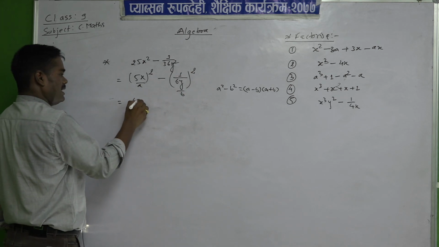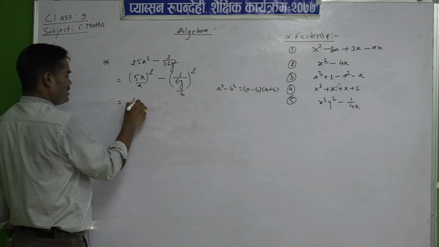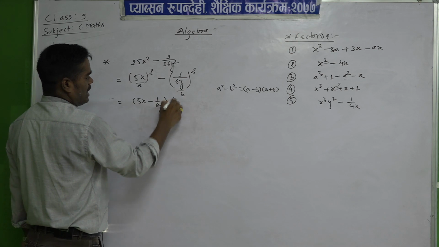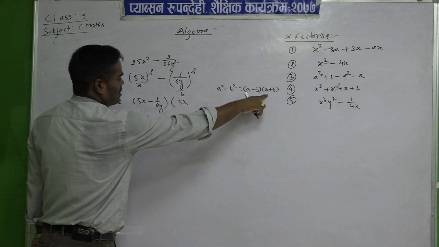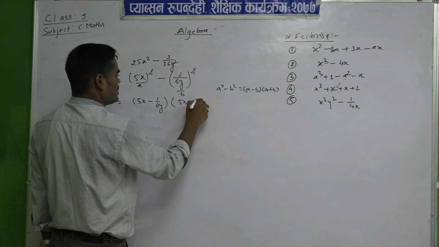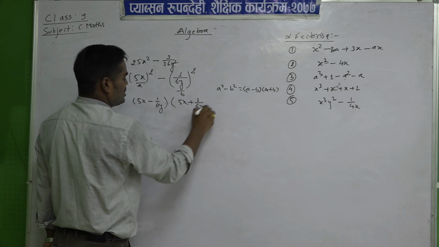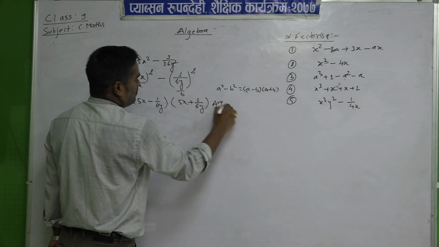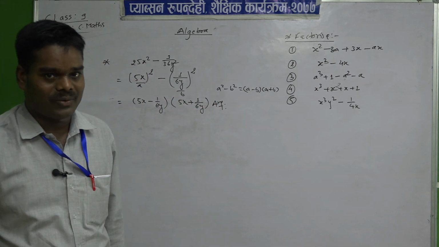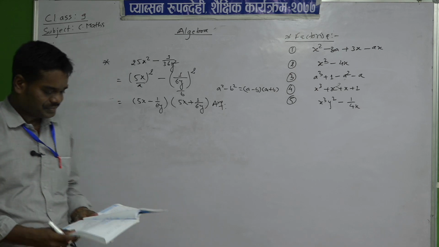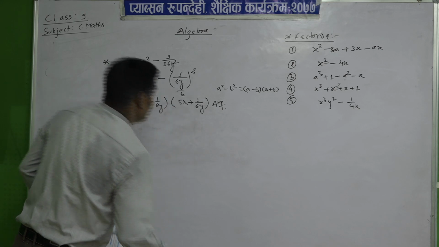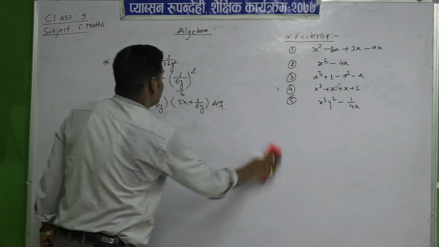So you can write here a minus b, which means 5x minus 1 by 6y, and a plus b, another factor, 5x plus 1 by 6y. These are the factors of the given binomial expression. Like this we have to factorize. Now let us see another question.